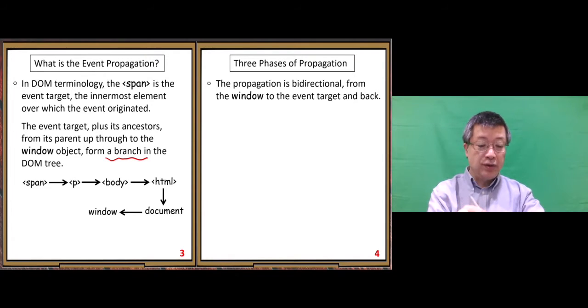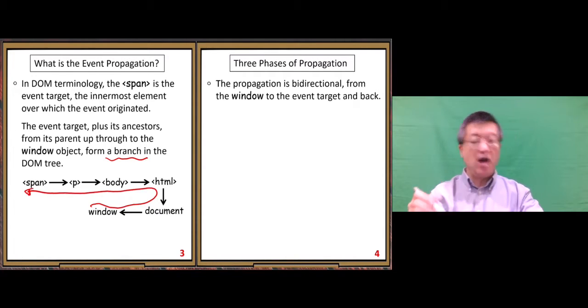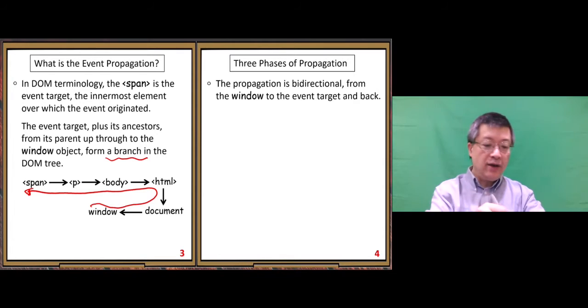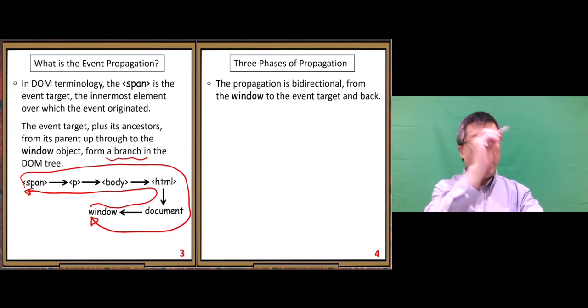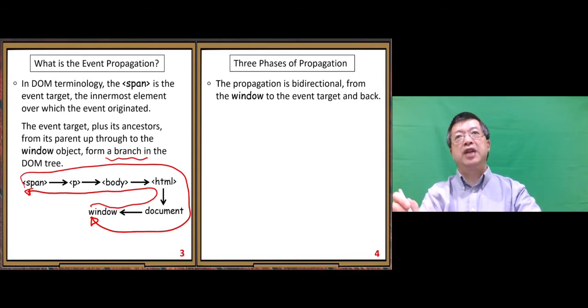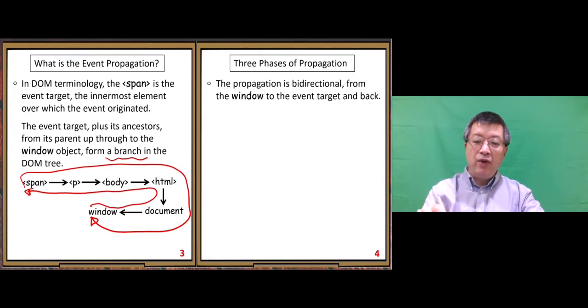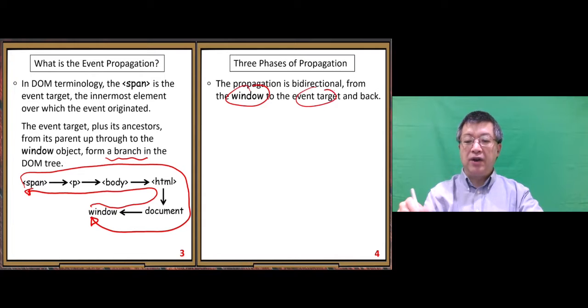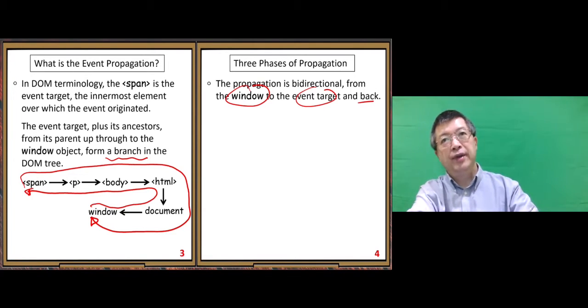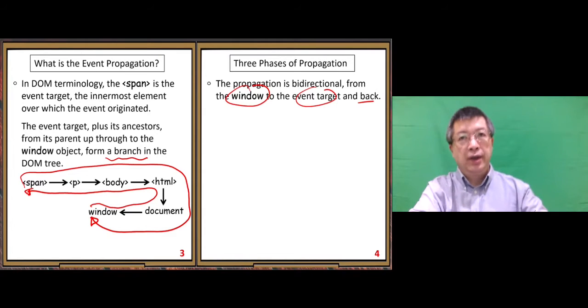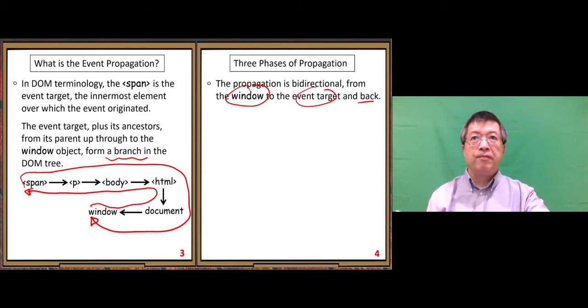First, starting from the window, one by one, you get to your target. Then another direction, from this target going back and returning to the window. So bi-directional. That's the meaning. From the window to the event target and back, exactly like the one drawn in the diagram.